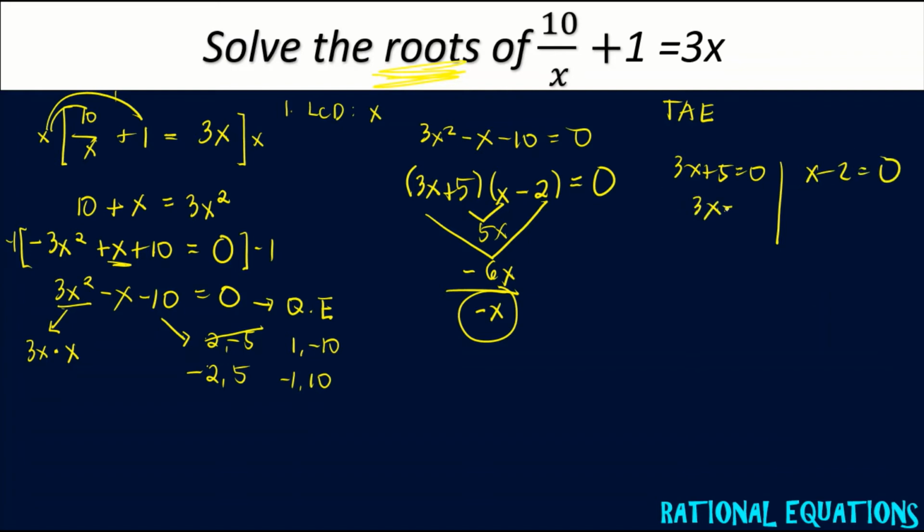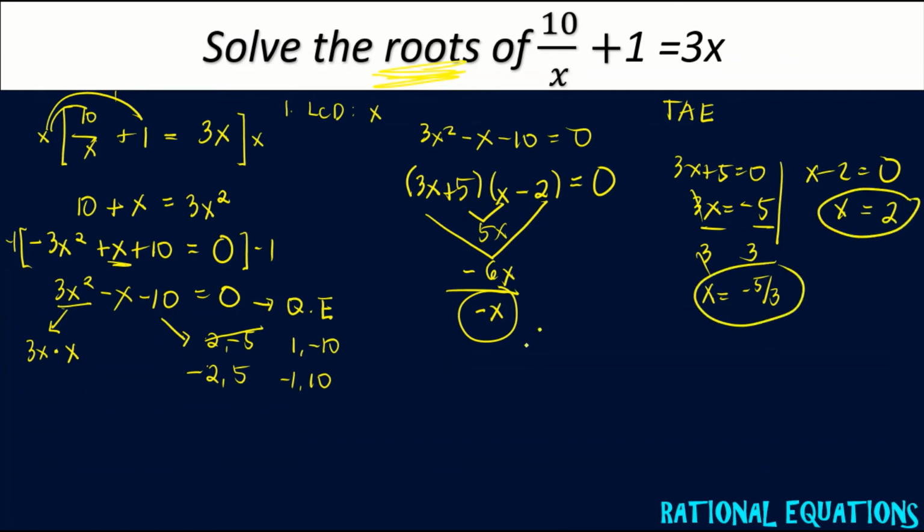So, 3x is equal to, transposition, making negative 5, then divide both sides by 3, cancels the 3, so we have x is equal to negative 5 over 3, and then the other factor, we have x is equal to negative 2, making positive 2. Okay, so therefore, the roots of 10 over x plus 1 equals 3x, or negative 5 over 3 and positive 2. And this is now our final answers.